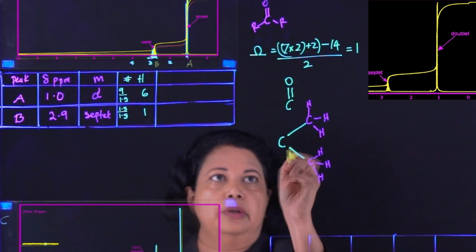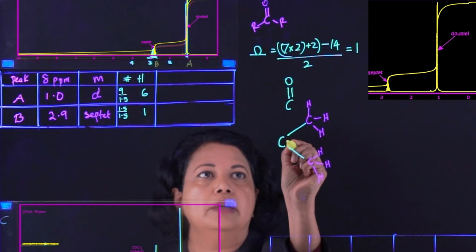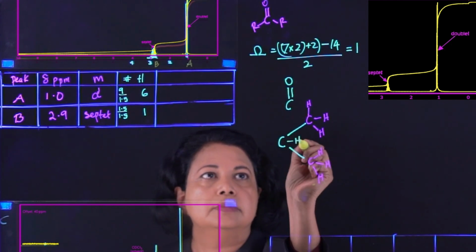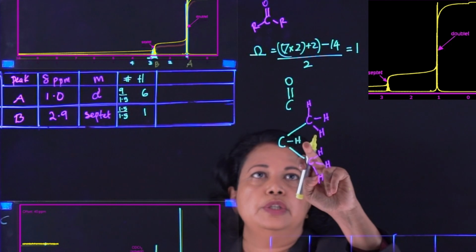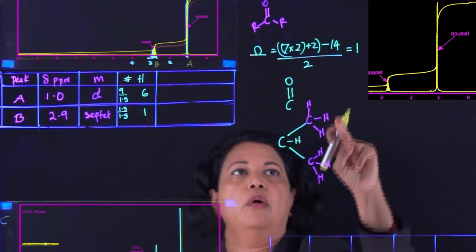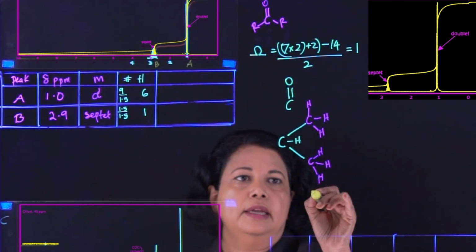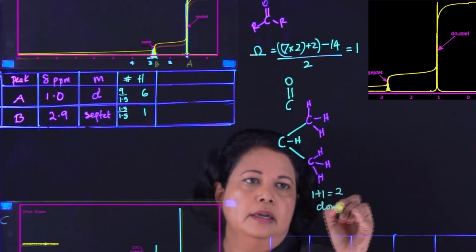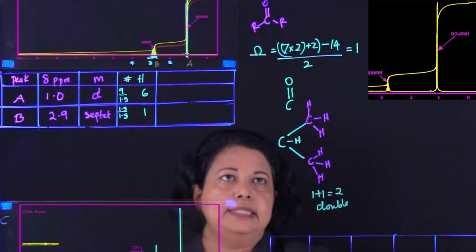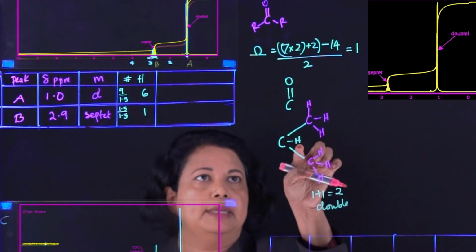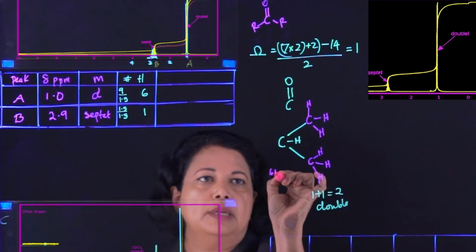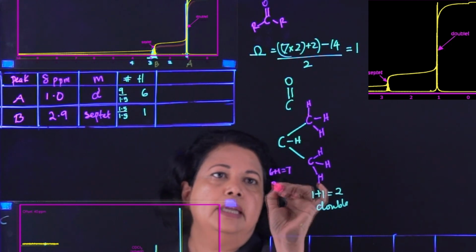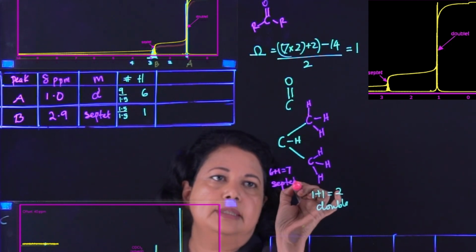So over here you will have 1 hydrogen. So this hydrogen is going to split all 6 into a doublet. And all these 6 hydrogens are going to split this 6 plus 1, 7, into a septet.